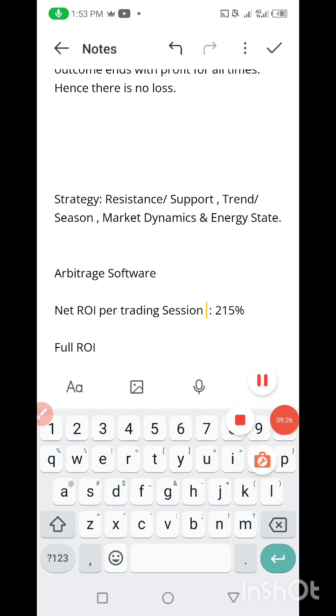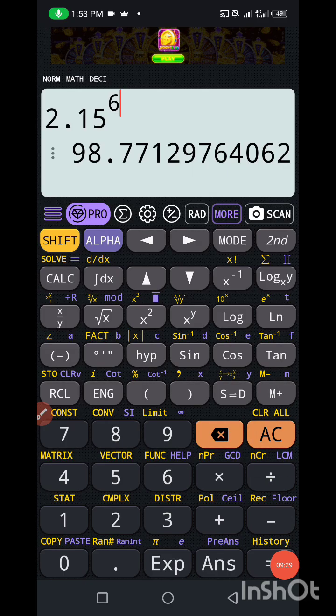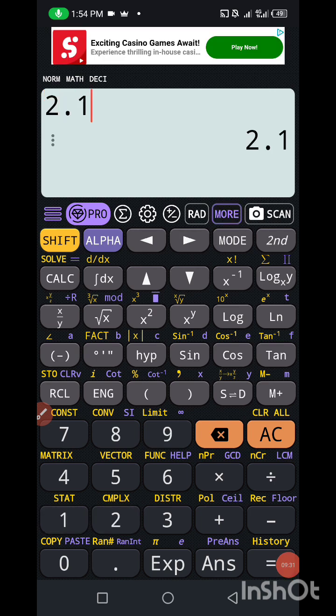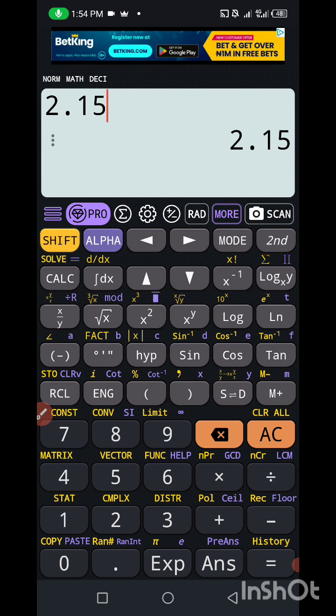Now let me go to my calculator. If the net return on investment, or net ROI, is 215%, which is 2.15, and you have 6 trading sessions and you reinvest everything, both capital and profit, because there is no loss, that is arbitrage. You can never lose in arbitrage.